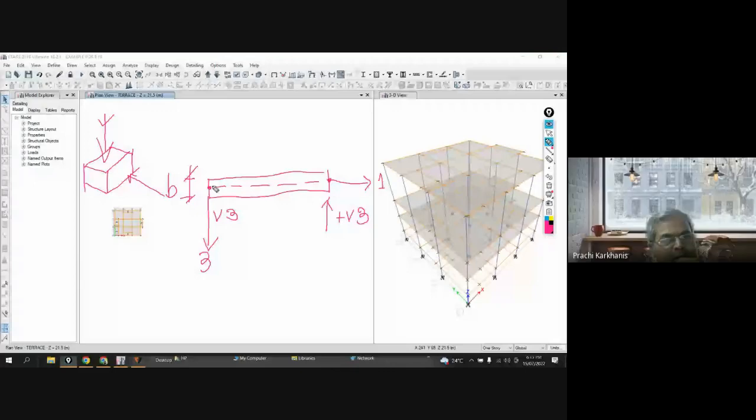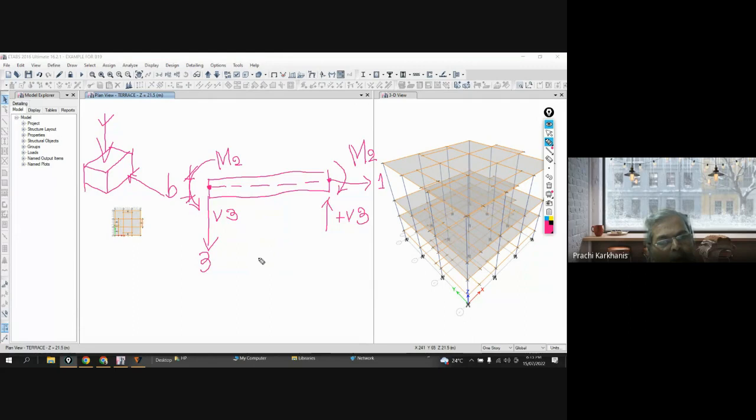I see it like this, and this will be about the 2 axis, so this will be M2, and this will be M2, because this is my 2 axis and I am having moment about the 2 axis.